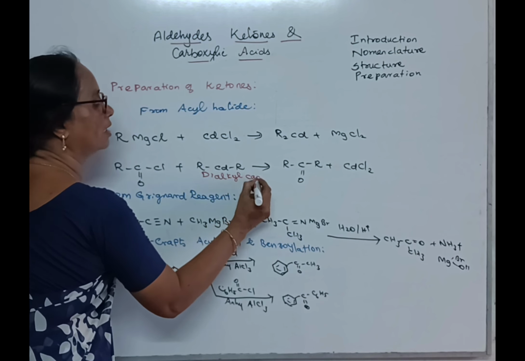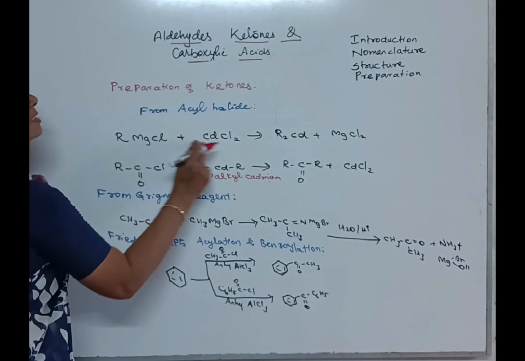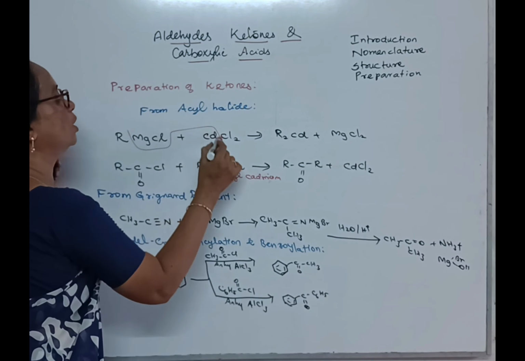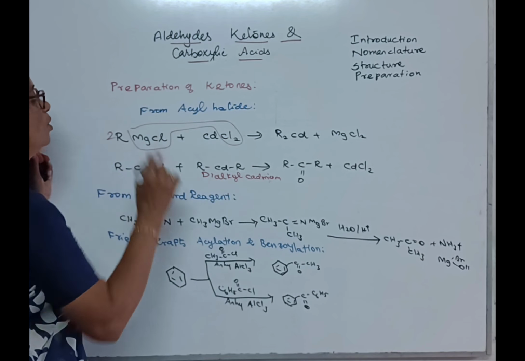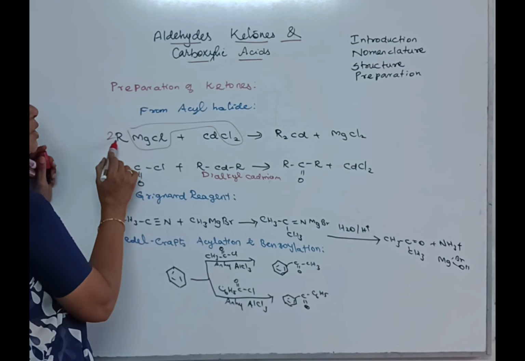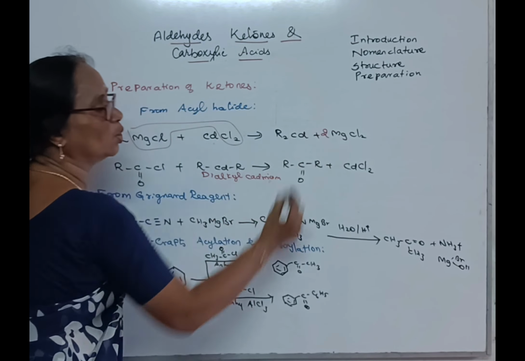So when Grignard reagent is treated with cadmium chloride, MgCl2 will be removed. So we have to take 2 times of Grignard reagent, and I am getting R2Cd, with MgCl2 being removed.